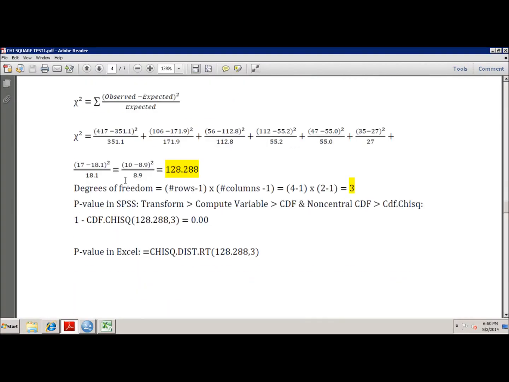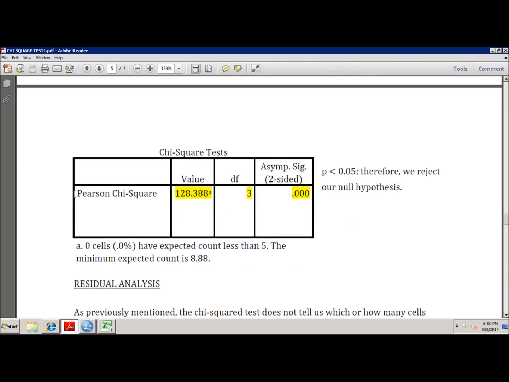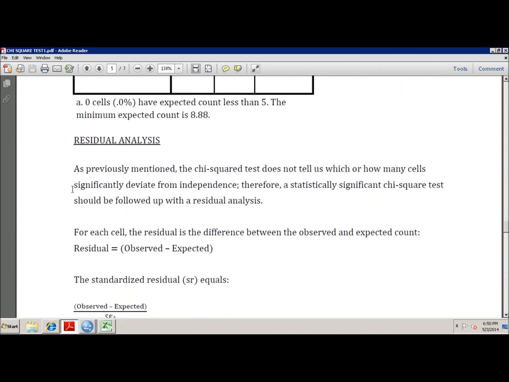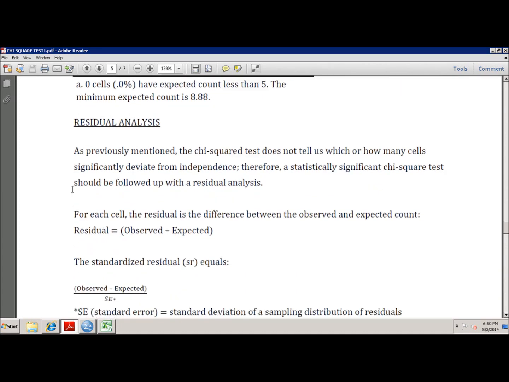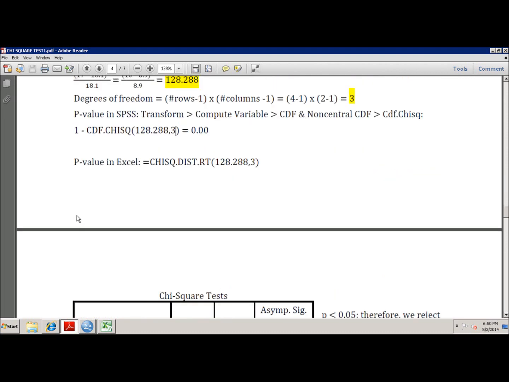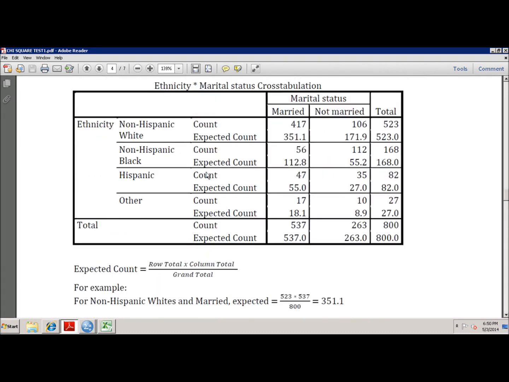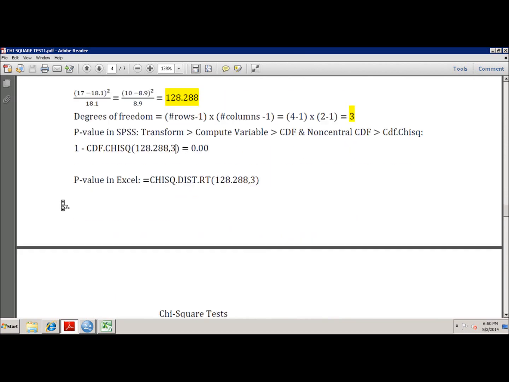So one thing that we can do is a residual analysis. A residual is simply the observed minus expected. In the table, the observed value, for example, in this case is 417, the expected value is 351.1. So the difference between those is the residual.